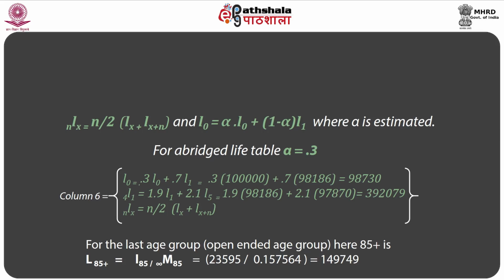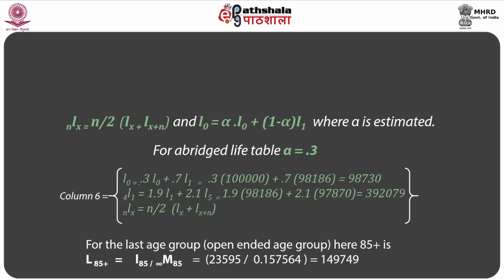The estimation of alpha is different for abridged life table from the current life table. For abridged life table, alpha equals 0.3, hence column 6 is derived as capital L naught equals 0.3 small l naught plus 0.7 l1 equals 0.3 multiplied by 100,000 plus 0.7 multiplied by 98186 equals 98730.